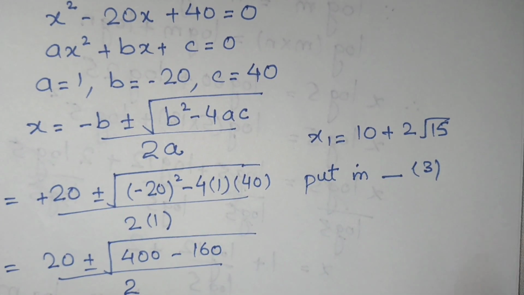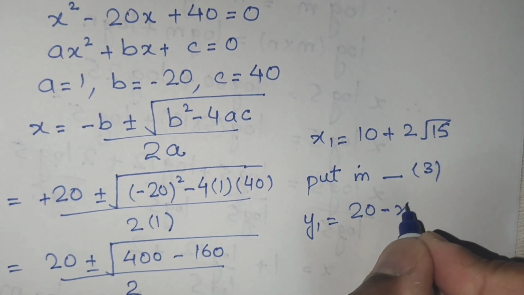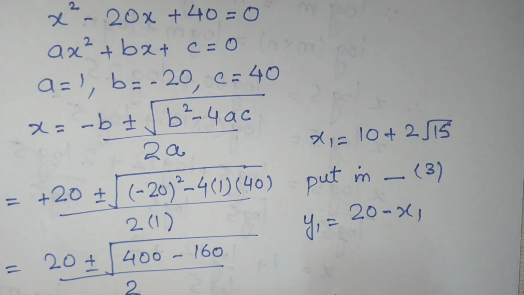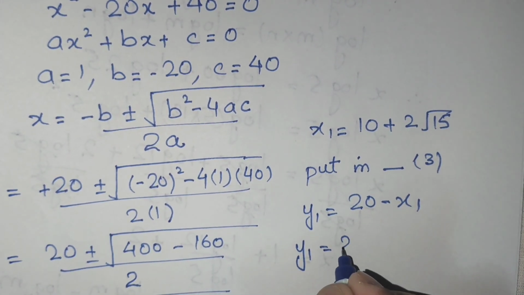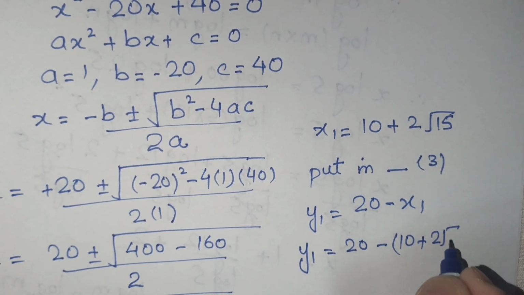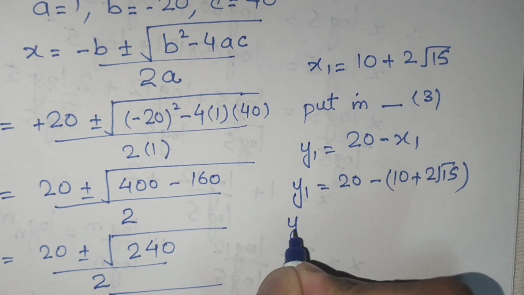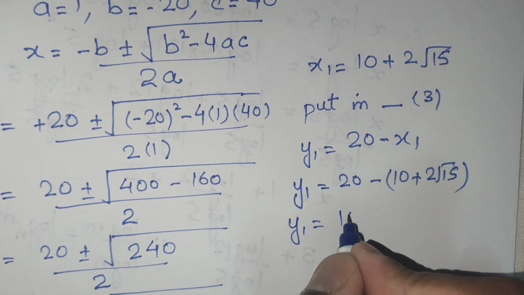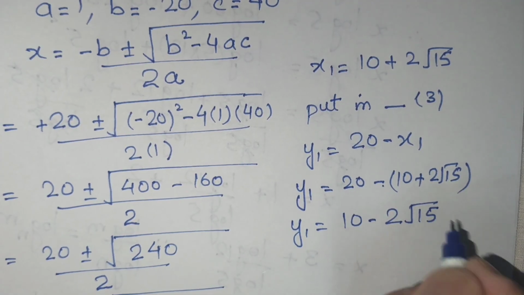We will get y1 equals 20 minus x1. So y1 equals 20 minus, what is x1? 10 plus 2 times square root of 15. So y1 will be equal to 10 minus 2 times square root of 15.